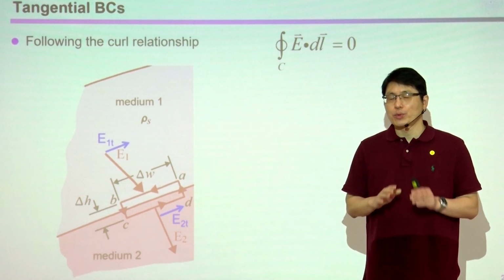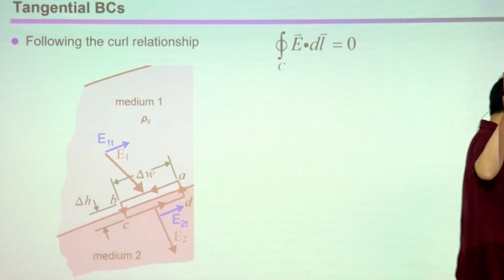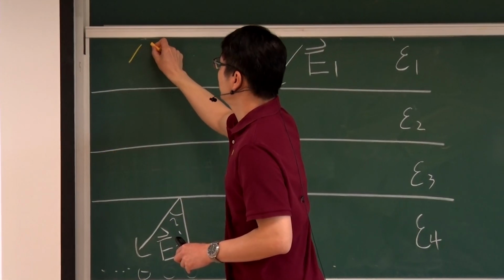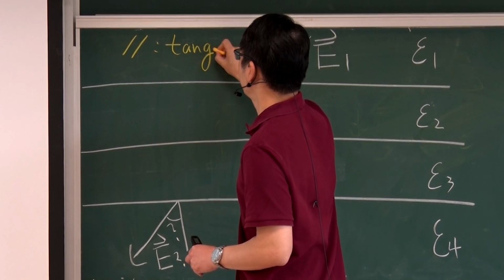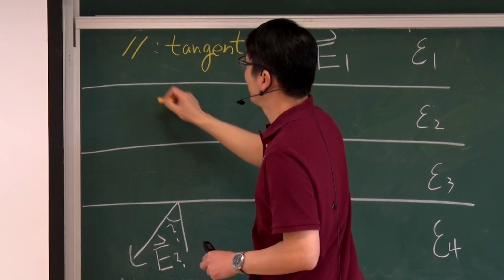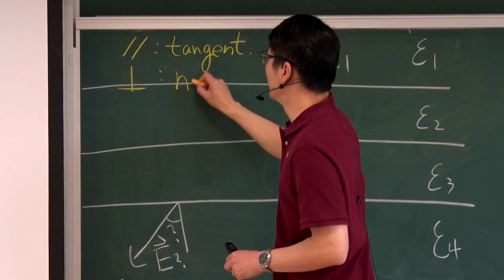Okay? So whenever we talk about the boundary conditions, we always have two conditions. Parallel, or called tangential, tangent, or the perpendicular one is called the normal.